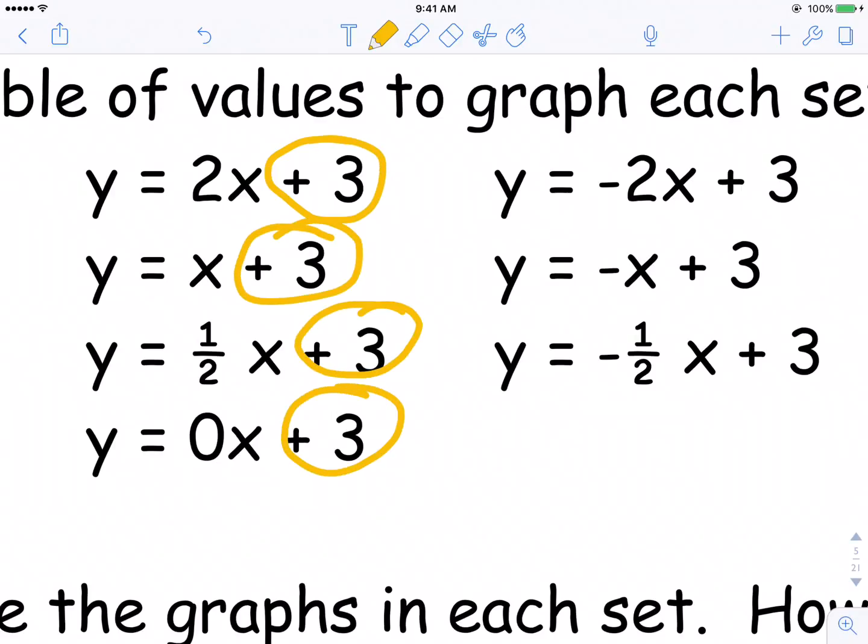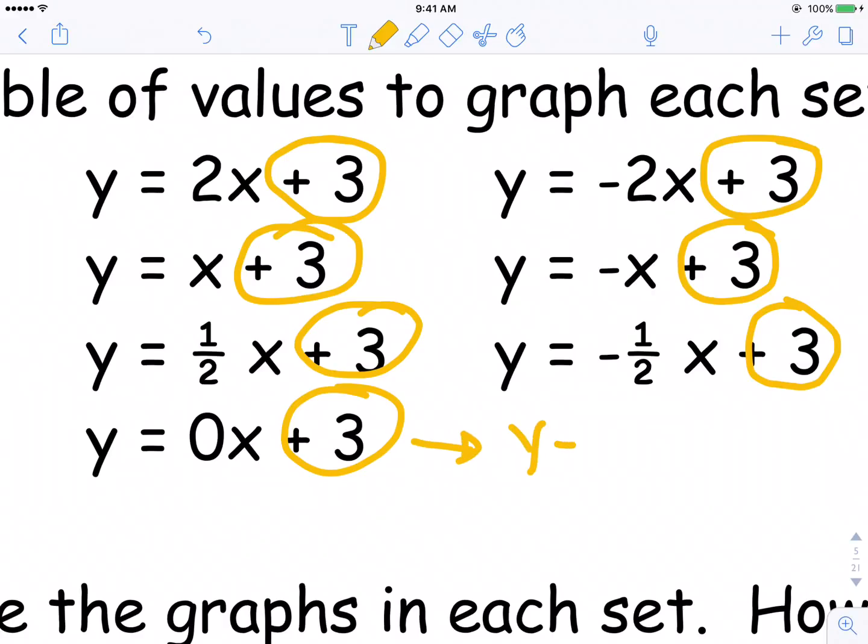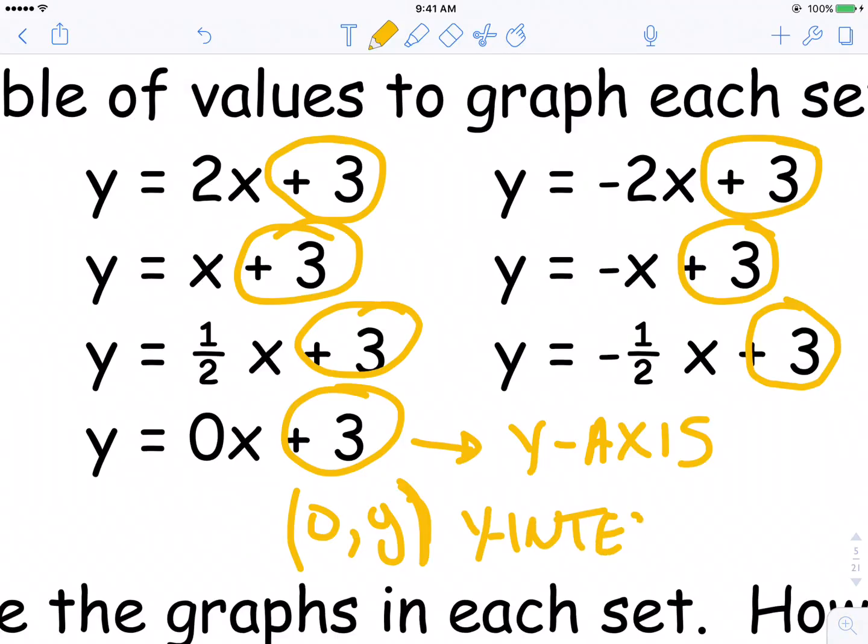So you should be able to infer, deduce, come up with the solution that this number tells us where this line crosses the y-axis. And that point has special coordinates of 0, y, whatever that value happens to be. And we call it the y-intercept, where a graph crosses the y-axis.